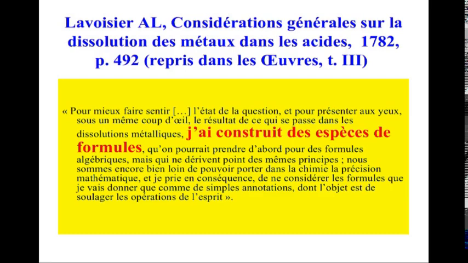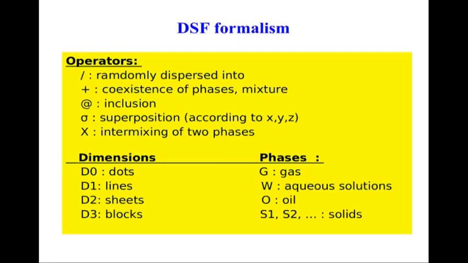We are far from having in chemistry the same precision as in mathematics, and these formulas are annotations to make the thinking easier. It's very important, and I copied Lavoisier, not for chemistry, but for describing the organization of physical systems at any scale.